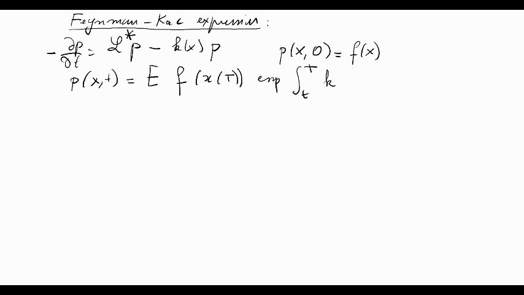In the following expression with a minus, this will become a plus, so then it becomes plus k of s ds, conditioned on x of t equals x. And this is not the limit at 0 but at t, in the limit of t going to capital T.